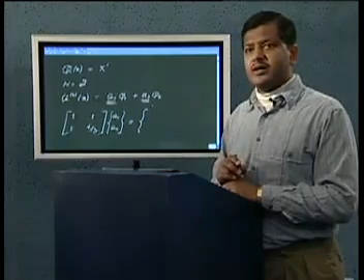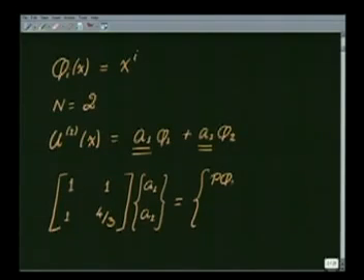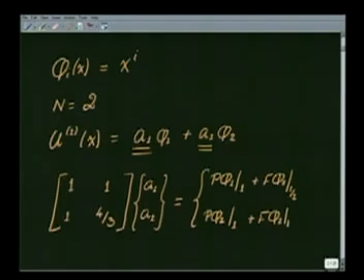If you remember, it will be P into phi 1 evaluated at 1 plus F into phi 1 evaluated at half, and here it will be P into phi 2 evaluated at 1 plus F into phi 2 evaluated at half.